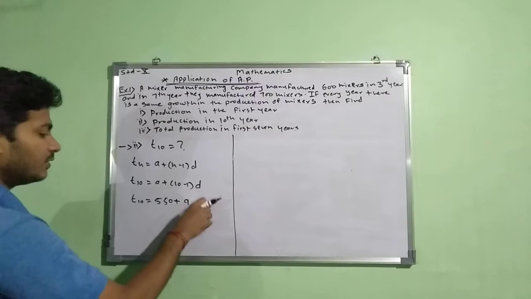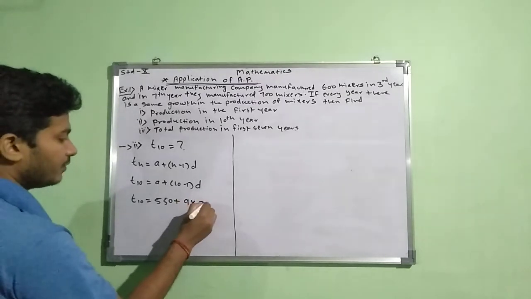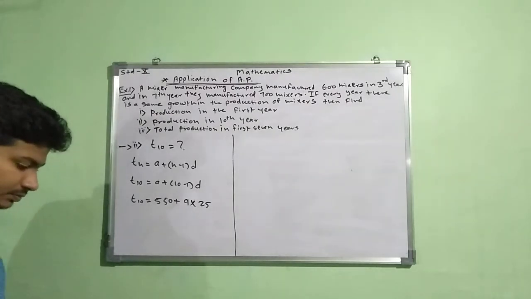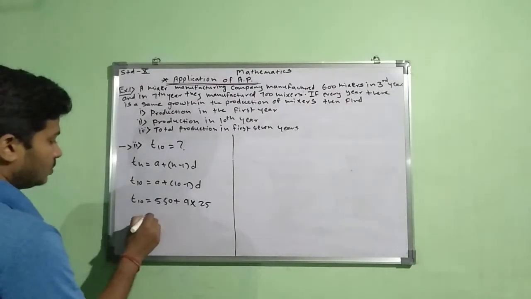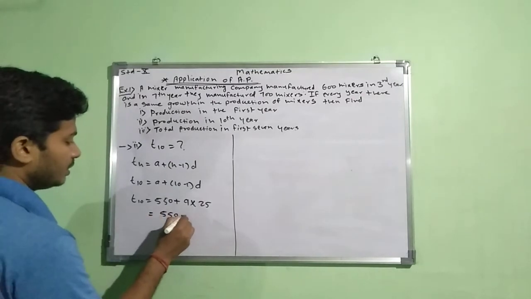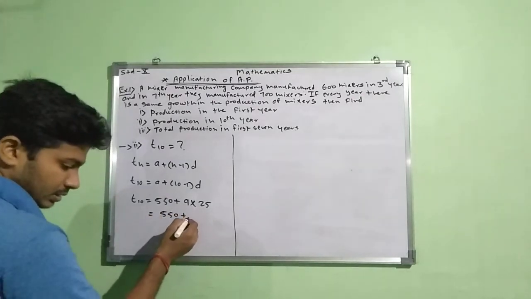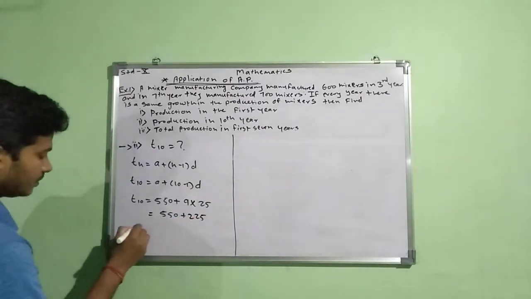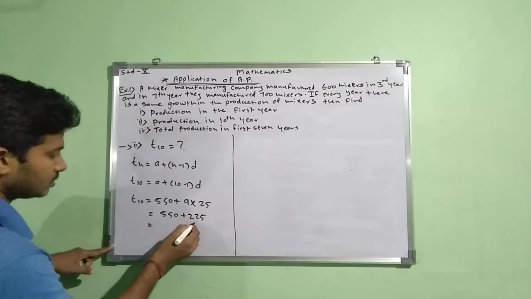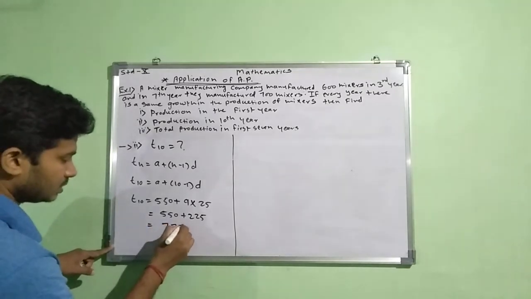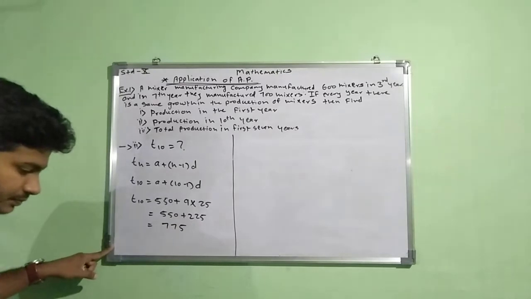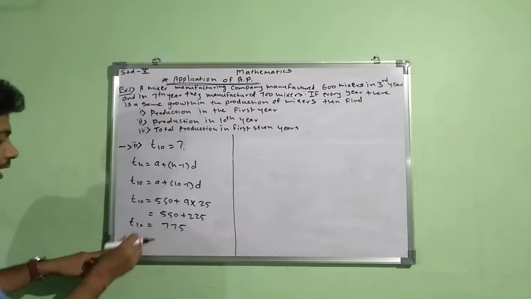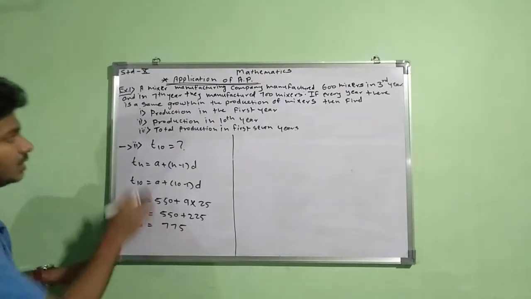And the value of d we can also substitute, which is 25. So T10 will be 550 plus 9 into 25, which is equal to 775. So T10 we got as 775, and T10 means the production in the 10th year.